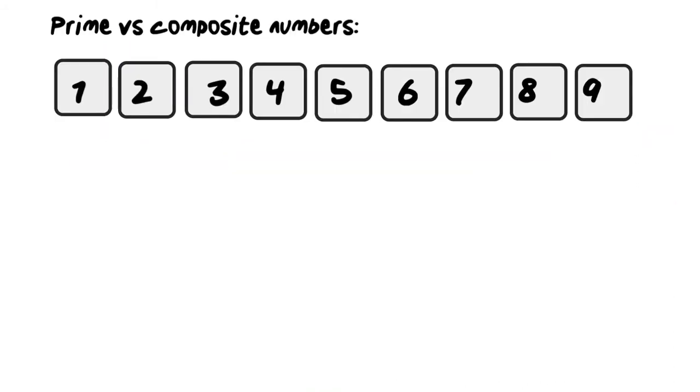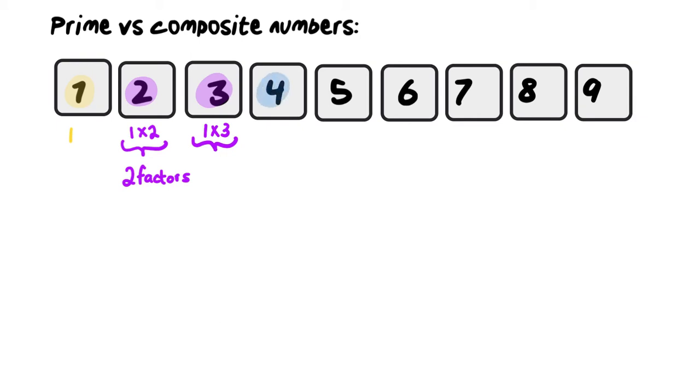Let's use our knowledge of factors to see how many factors the first 9 numbers have. 1 has 1 factor because 1 times 1 is both the same number, 1 and 1. So let's go to 2 and see if that works somewhat differently. 2 can be written as 1 times 2, so therefore 2 has 2 factors. 3 can only be written as 1 times 3, which means 3 also only has 2 factors.